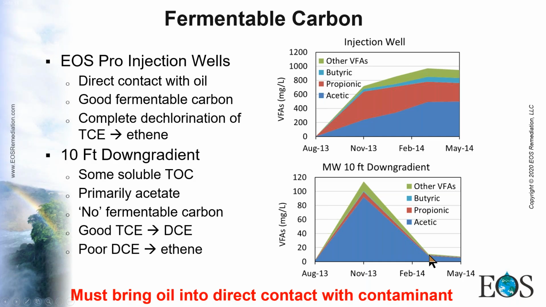Here we have virtually none of the higher long chain fatty acids. So 6 months after injection, there's essentially no long chain fatty acids at 10 feet down gradient, which means you can still degrade TCE and DCE here, but you're not going to get any further degradation of vinyl chloride at this point.